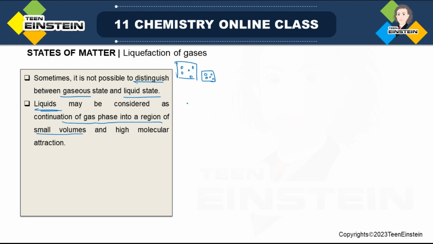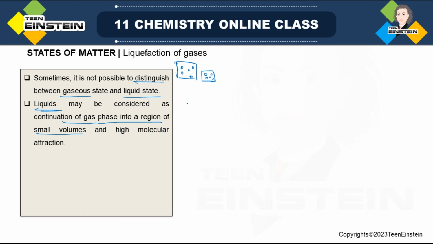When you bring them close in a small volume, the intermolecular interaction will increase, because before the distance between particles was high. So gradually the liquid property will arise. So liquids are as if a continuation of the gas phase when you bring them from large to small volume, because of the increase in intermolecular interaction.